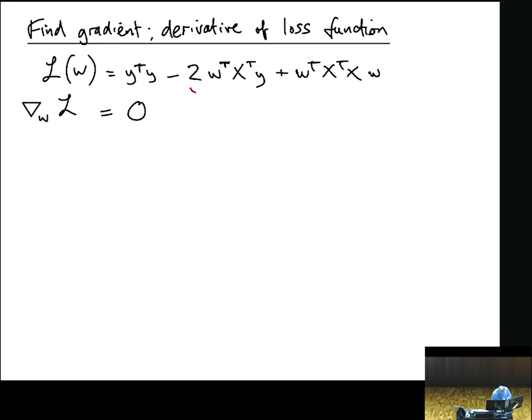We can think of this as W transpose some constant. And I'm saying constant here just in the context of what we're doing. We're just taking a partial derivative, so it's not going to be affected, because we're taking the derivatives with respect to W. That's the only thing we care about.